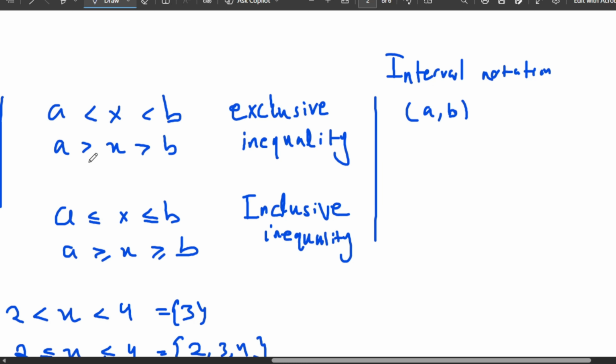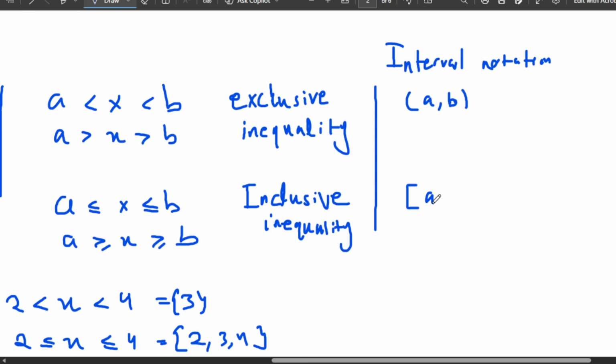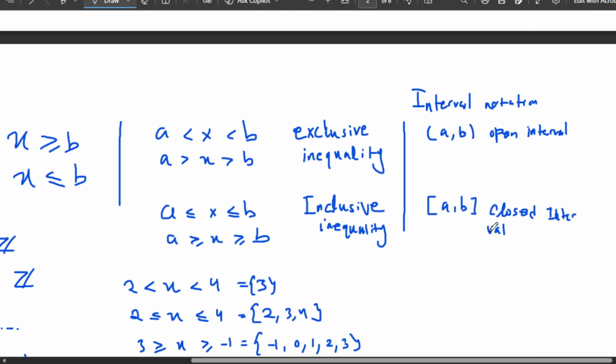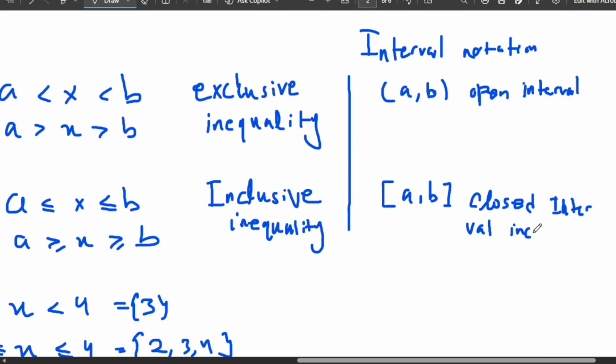It works for both of these as long as they are both exclusive. For inclusive, you put a closed bracket. This is called an open interval, or this is called a closed interval. That means the interval includes a and b.